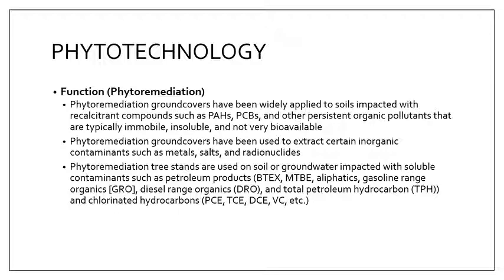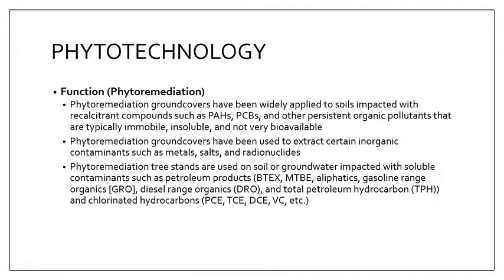So these are your insoluble, immobile, and non-bioreactive pollutants. They can be remediated by your ground cover types of plants. Also, ground covers have been used to extract certain contaminants such as metal salts and radionuclides.